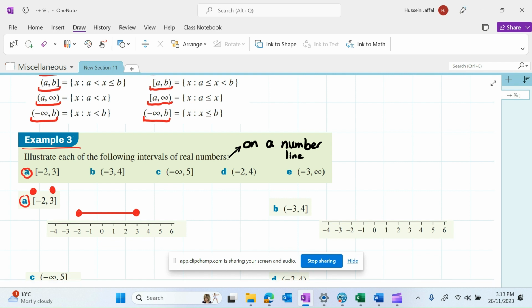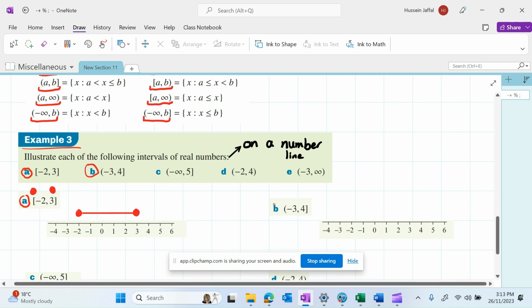Let's move to part B now. In part B, we should notice that -3 is not included. So at -3, you will have a circle. We call it open circle. We don't close it. It stays open circle like that. Then we go to the upper boundary, which is 4.